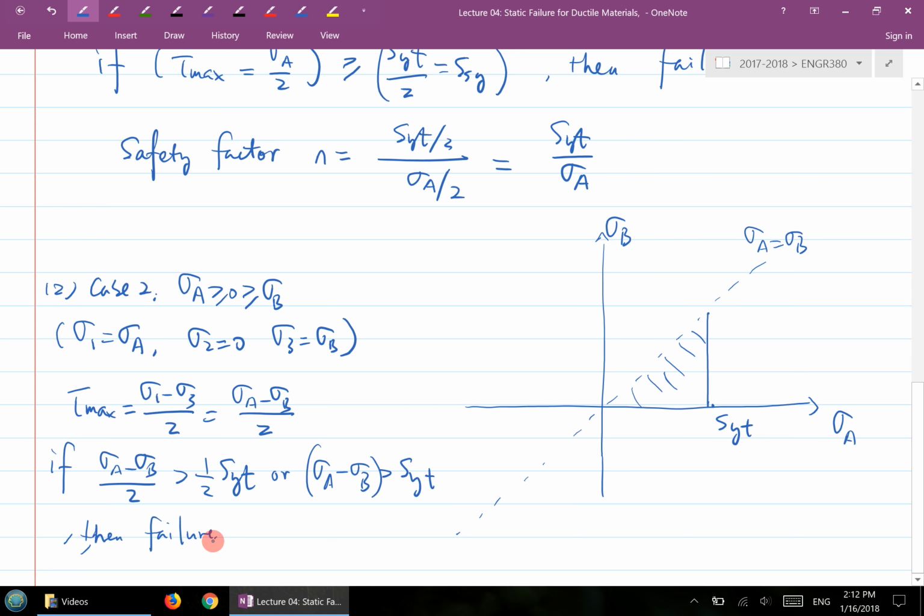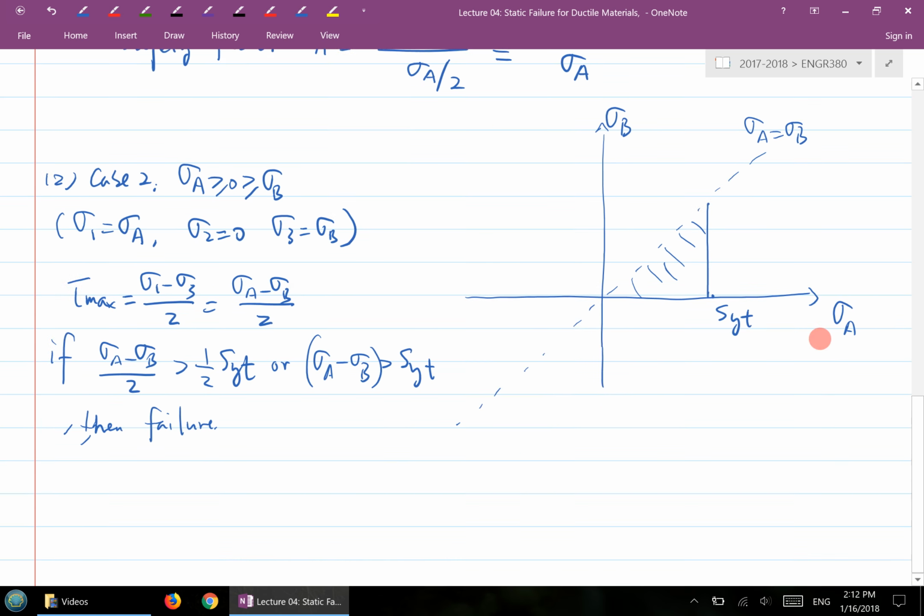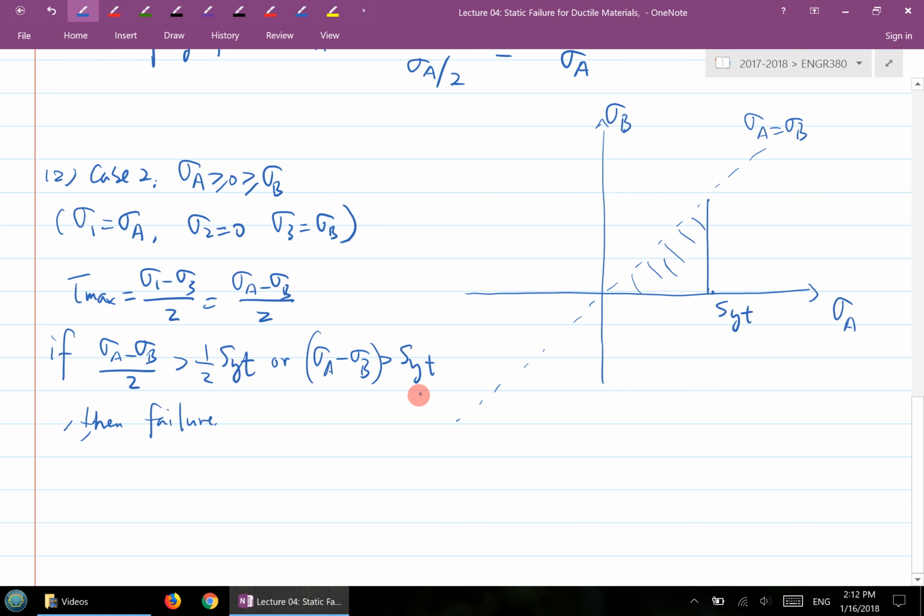Now, how do I illustrate the second case in this plane? Before we look at this, we can write down the safety factor. The safety factor is just a comparison between the tau max and the strength.